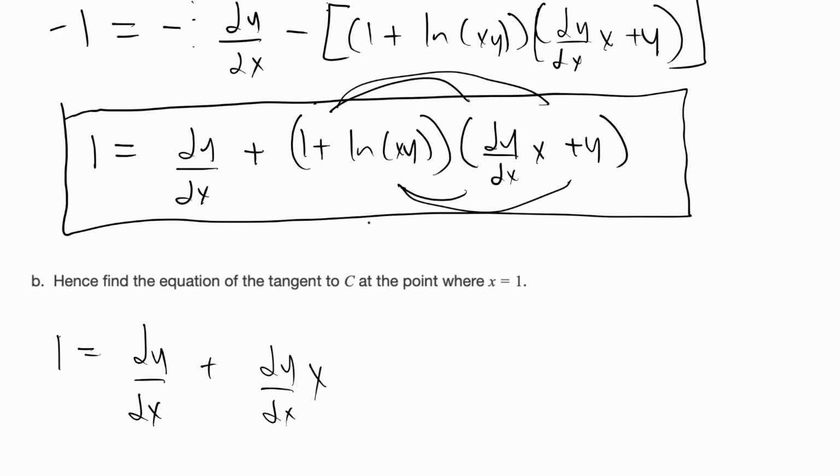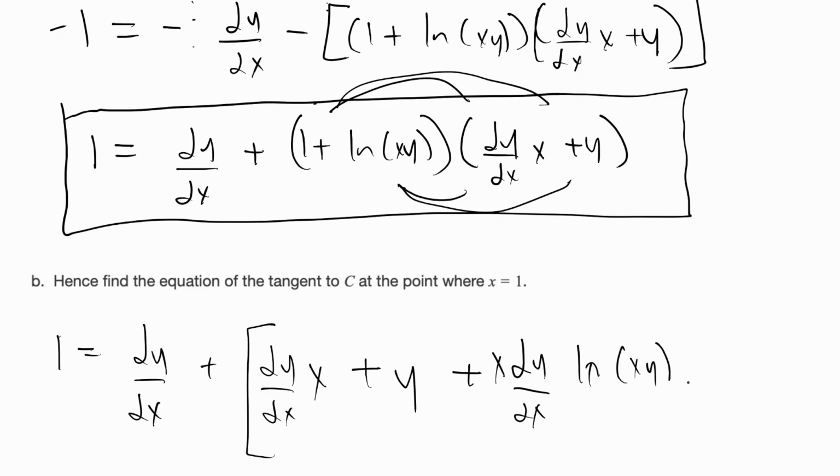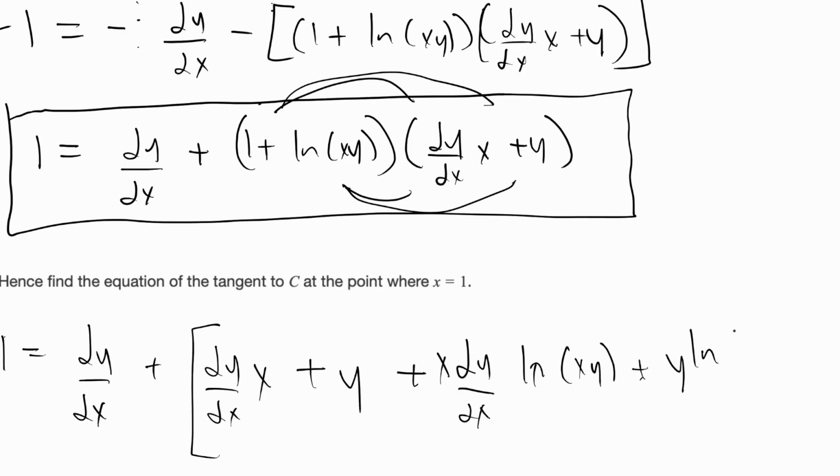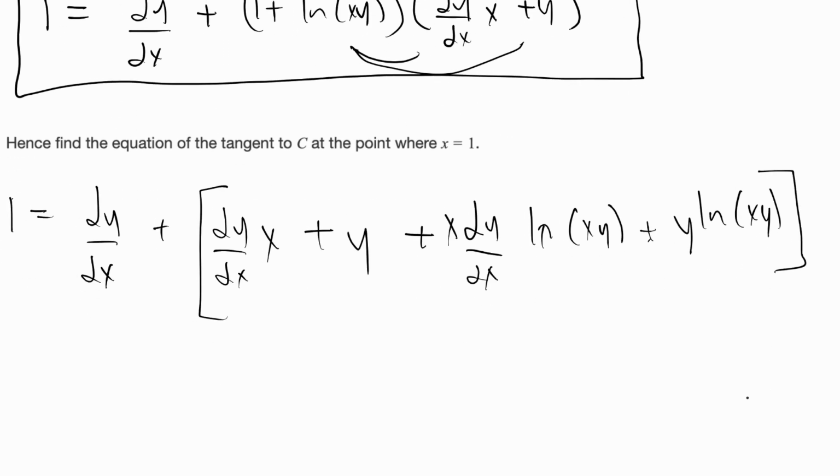So dy by dx, let's put this in a bracket so we know what's going on, plus y plus dy by dx x ln of xy plus y ln of xy. I'm just distributing the terms throughout each other.